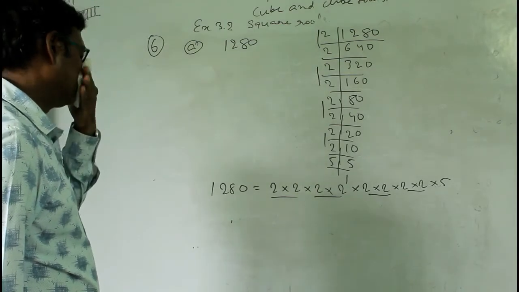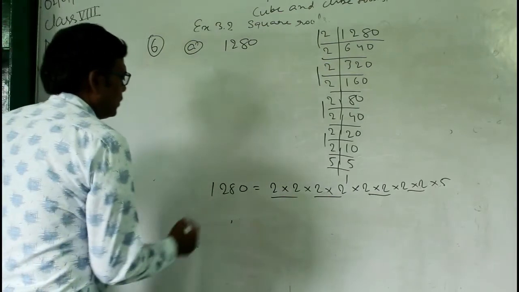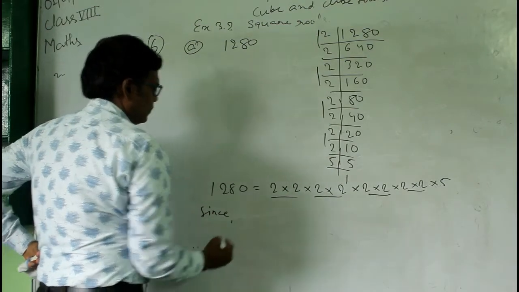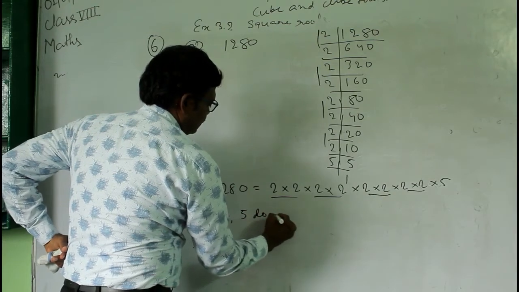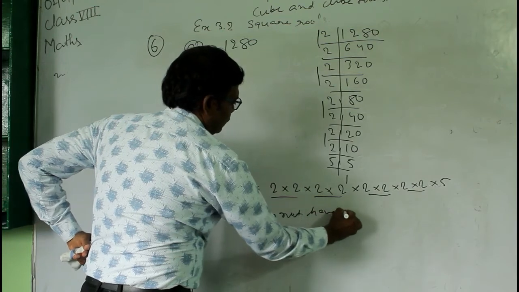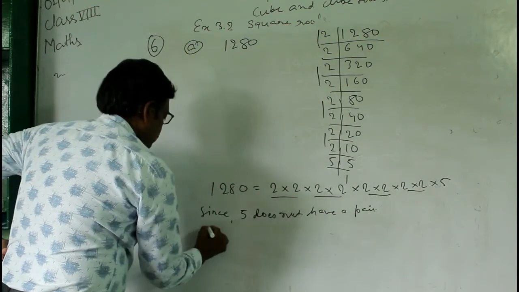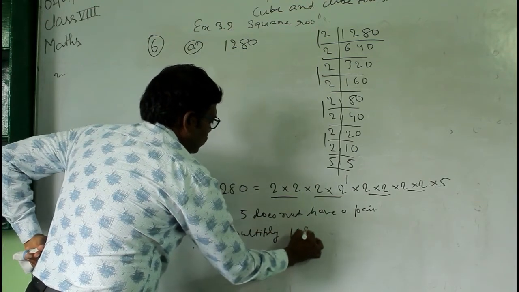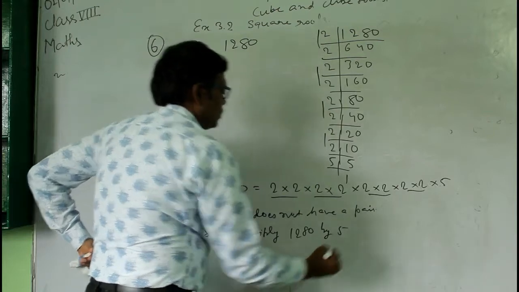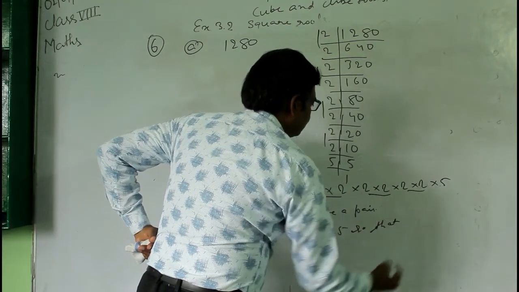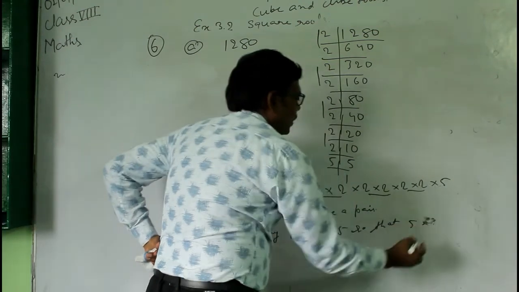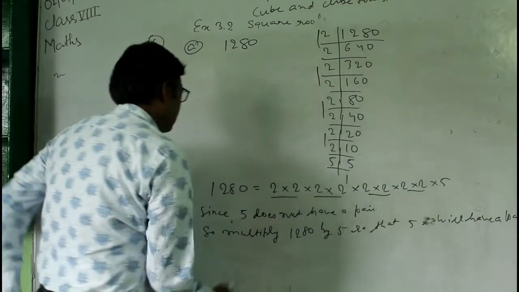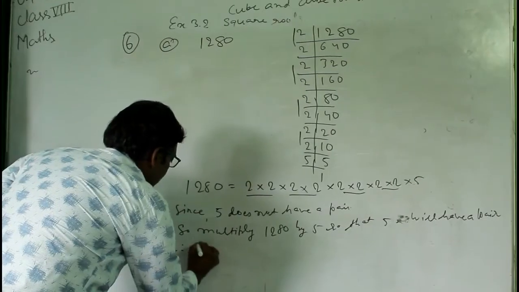Okay? So here you will write the statement that since 5 does not have a pair, multiply 1280 by 5 so that 5 will have a pair, and therefore you will have the perfect square number.